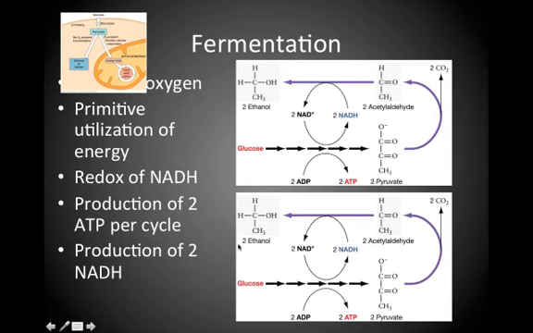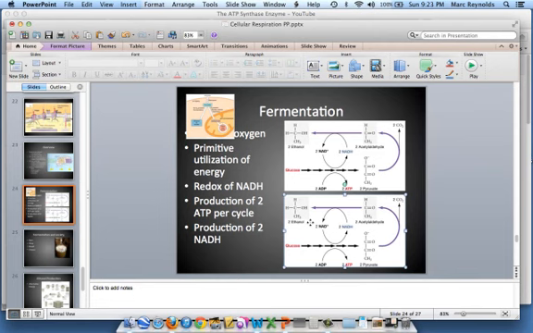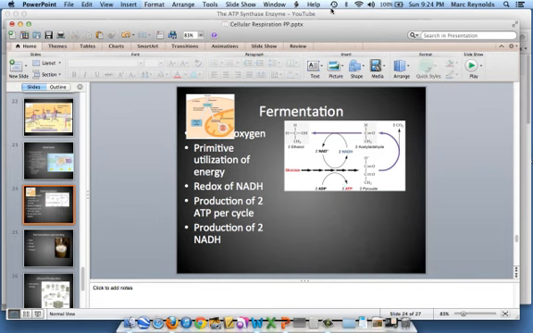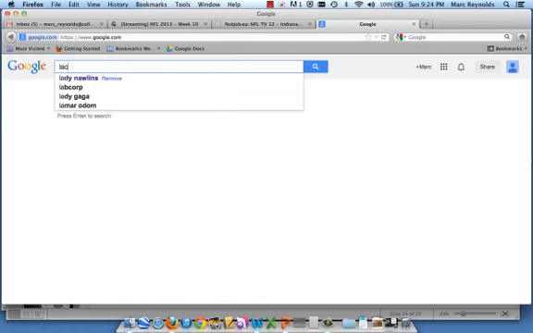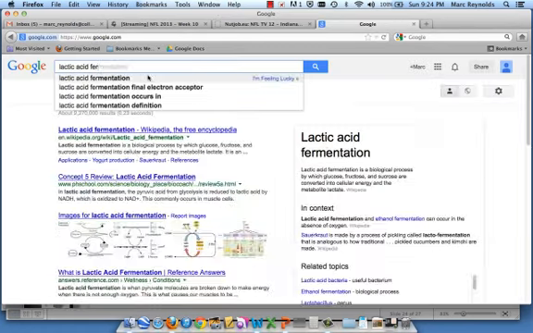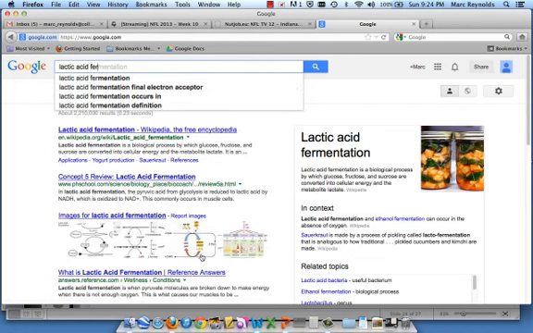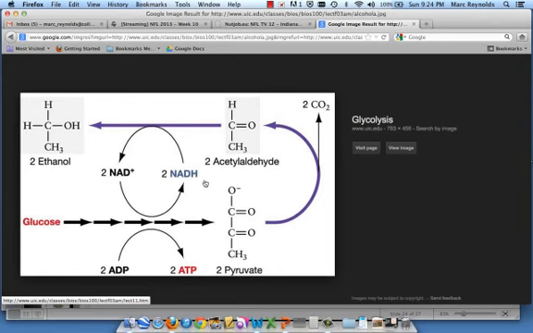Lactic acid fermentation, I think these are both the same. Oh my lord. Sorry. Lactic acid fermentation. That's not lactic acid fermentation.